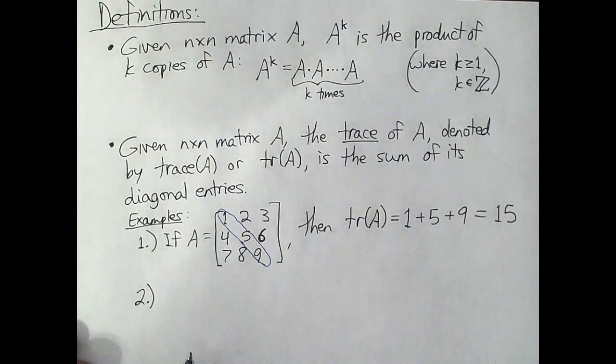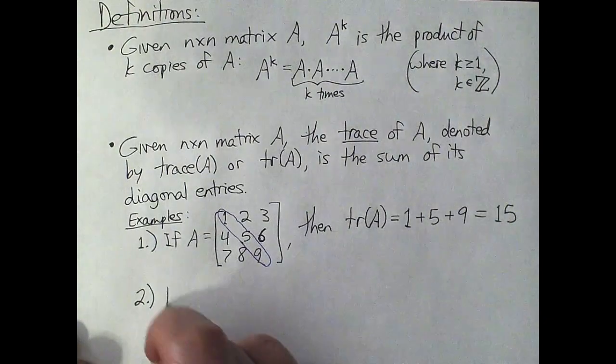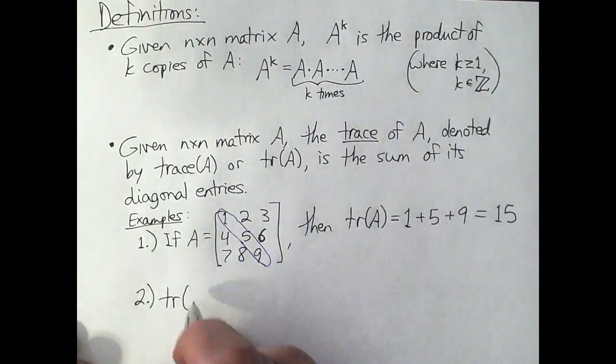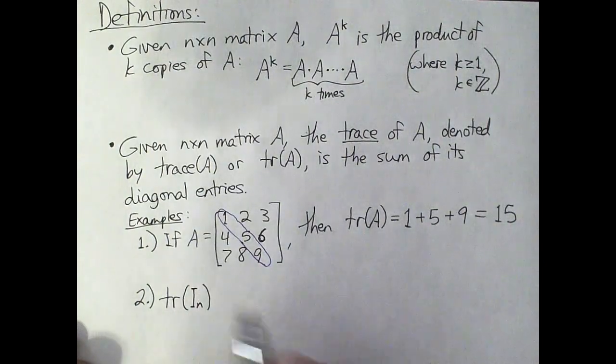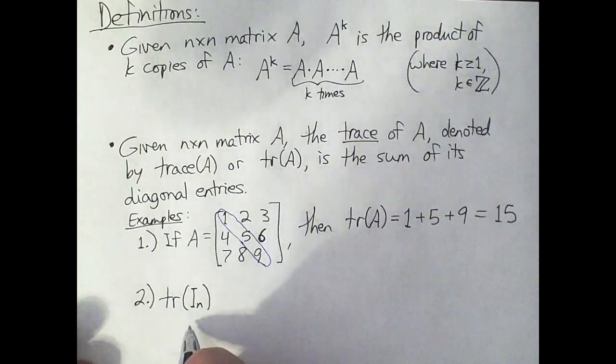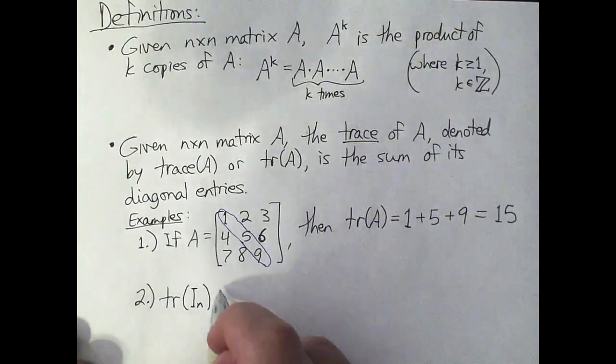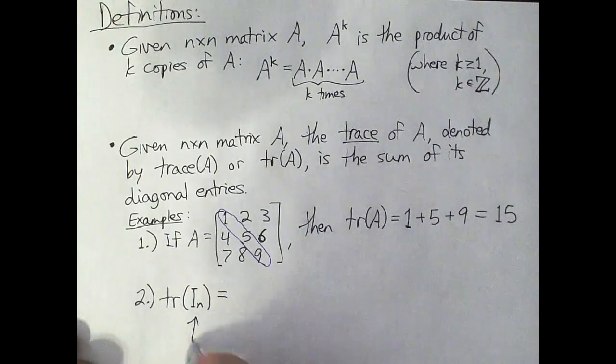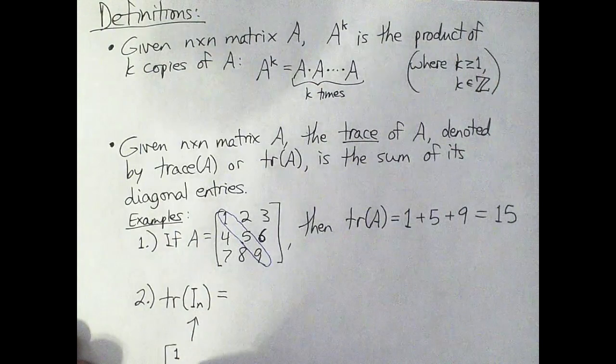I said there were going to be two little examples. The other one I wanted to show you is, what if we had the trace of the n by n identity matrix? What do you think that equals? Doesn't the n by n identity matrix look like this? There are ones all along the main diagonal.